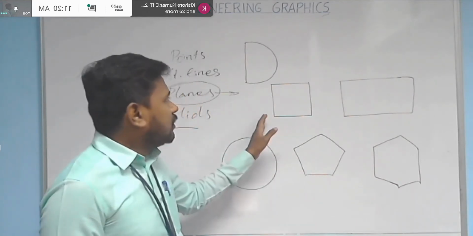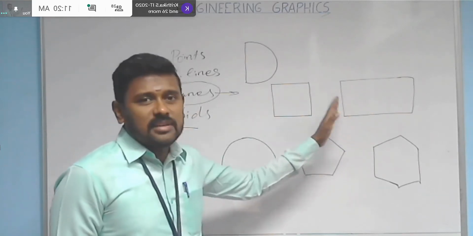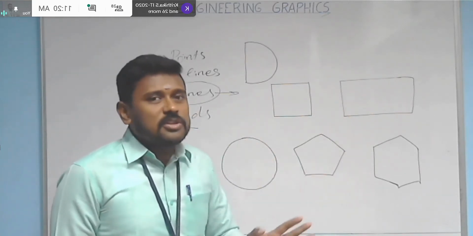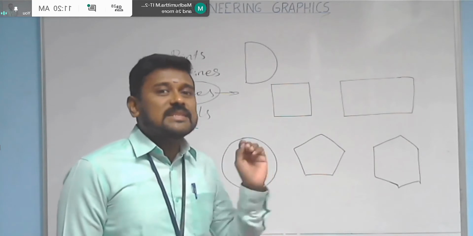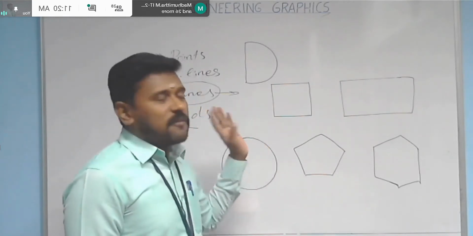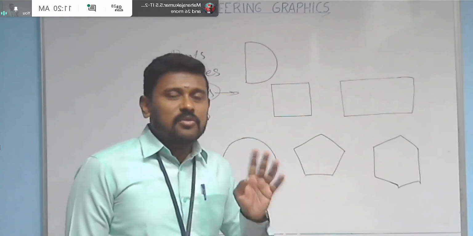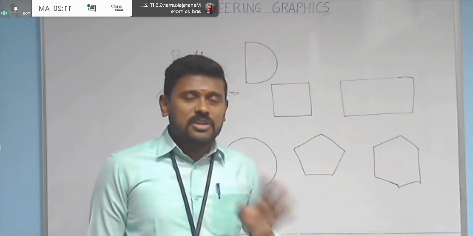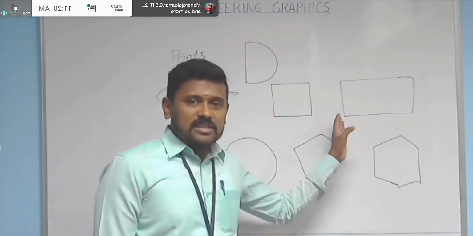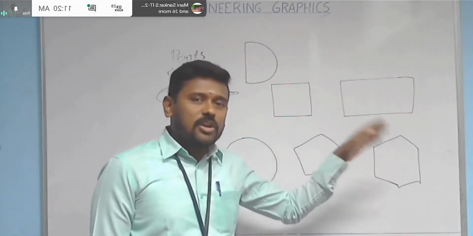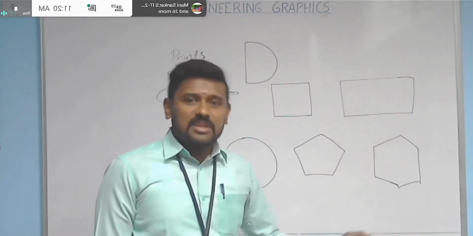This one is a square and that one is a rectangle. What is the difference between these two? It is based on the sides. In a square, we have four sides and all four sides are equal. A rectangle also has four sides, and the opposite sides are equal.